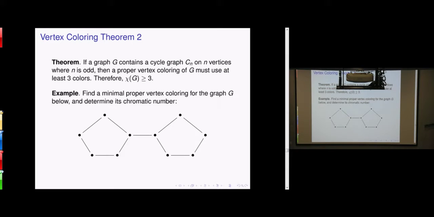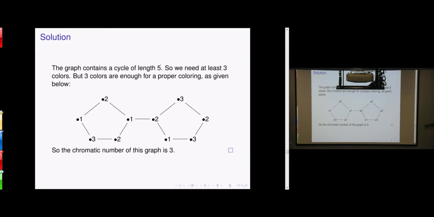So for example here: find the minimum proper vertex coloring for this graph and determine its chromatic number. First you can color it using 3 colors: 1, 2, 1, 2, 3, and somehow here you use 2, and then 2, 3, 2, 3, 1 is here, so it's okay.